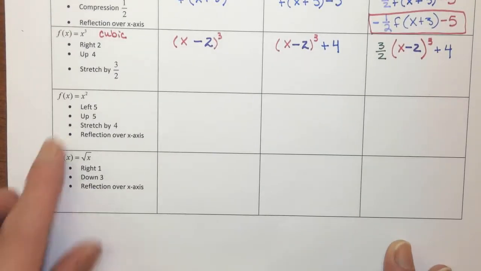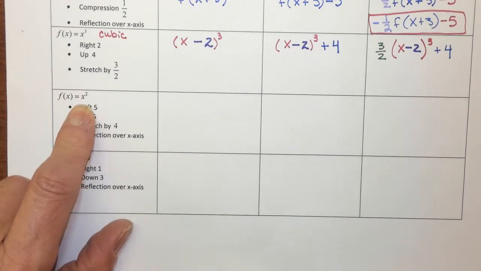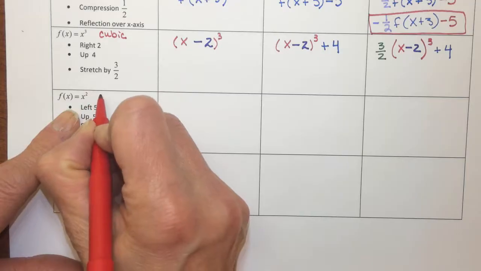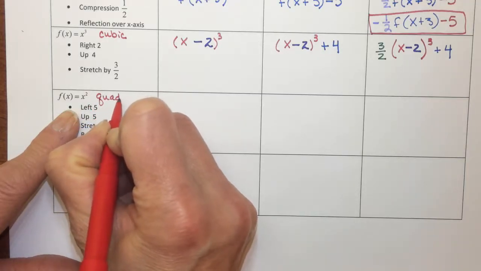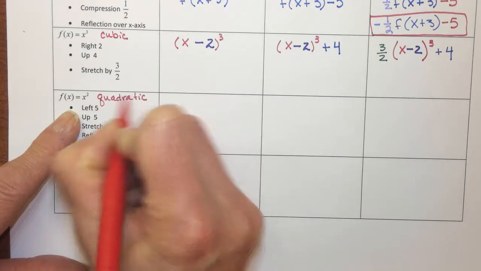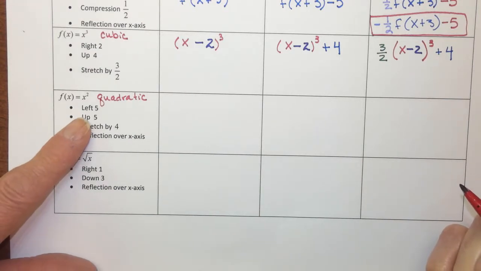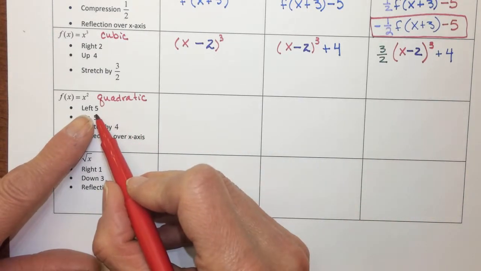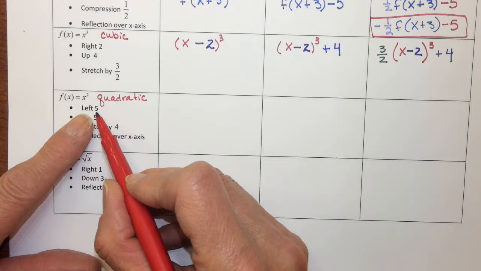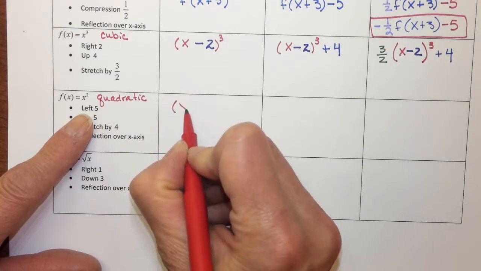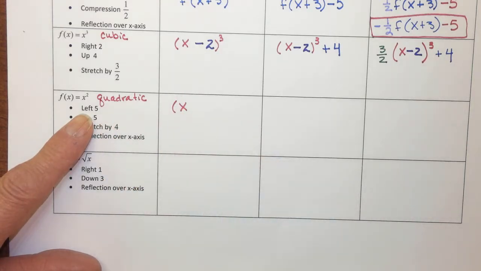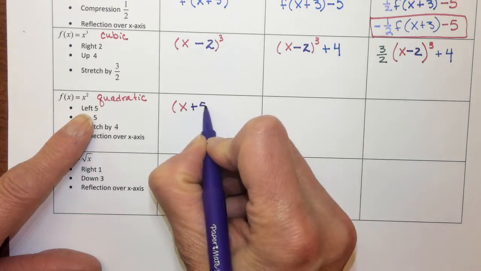We have our friend, the quadratic. I know it's a quadratic because it's squared. So let's do our horizontal transformation left. So that's going to be x. So the opposite of left would be a +5.